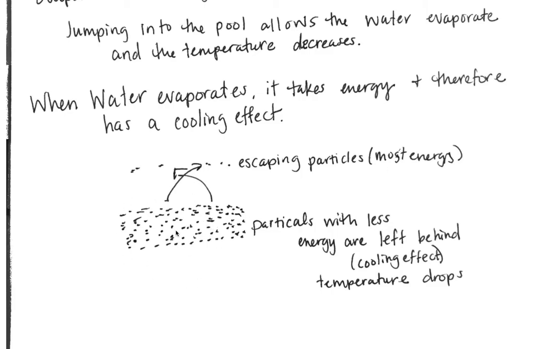But here is the idea, okay? So here's particles with less energy left behind. So here's like say the blade of grass. And so all of these particles are escaping that have all this energy or heat, right? So it has all this energy and it's escaping off of you as you dry off from the pool.